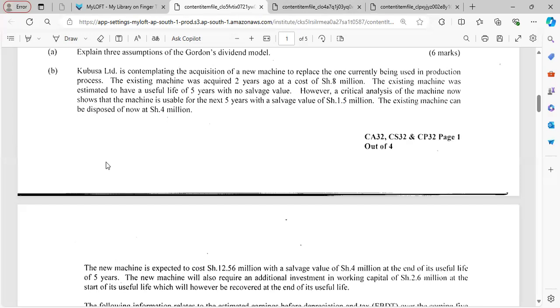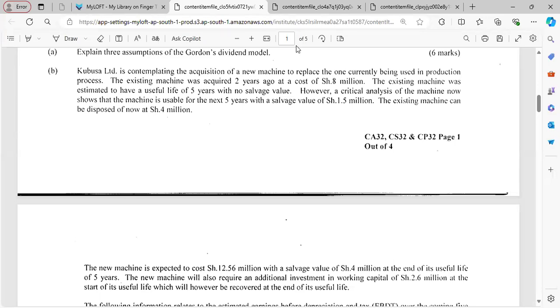The existing machine was acquired 2 years ago at a cost of 8 million shillings. It was estimated to have a useful life of 5 years with no salvage value. However, a critical analysis now shows that the machine is usable for the next 5 years with a salvage value of 1.5 million.